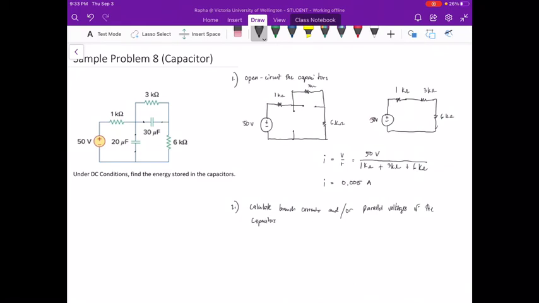How exactly are we gonna do it, since we are assuming our capacitors as an open circuit?